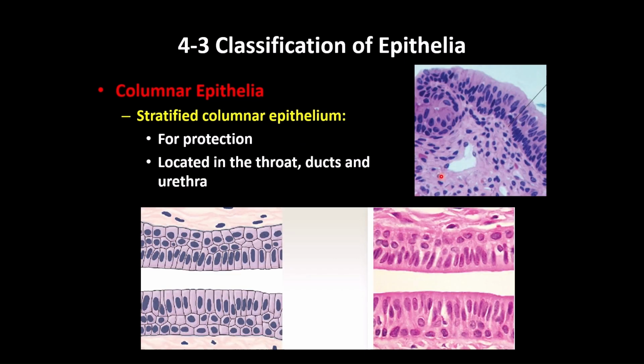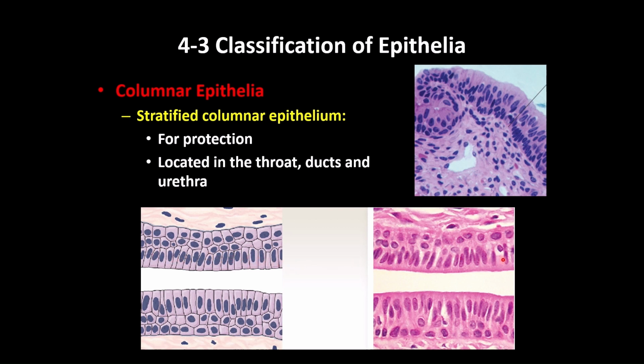pseudo-stratified. And then there is the stratified columnar. It means multiple layers of epithelial tissue that are tall. So this is mainly for protection, and they are located in the throat, in some ducts, and also in the urethra. So not that common. Here you can see very clearly that these cells are cuboidal in shape, and then the more superficial layer is columnar.